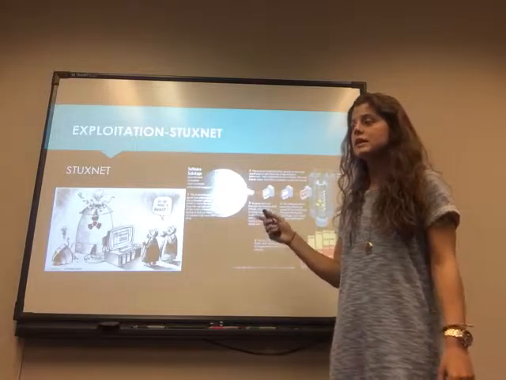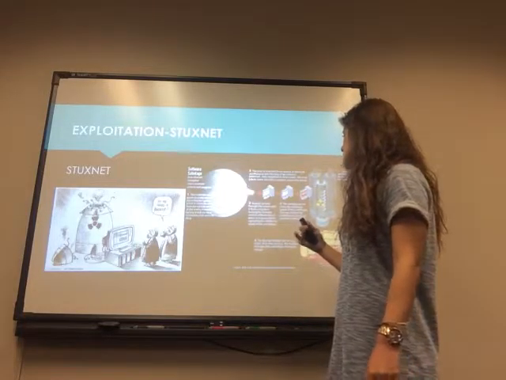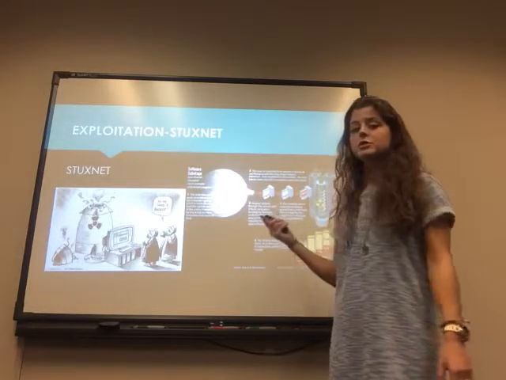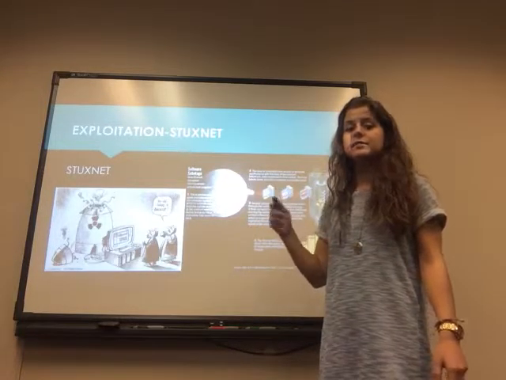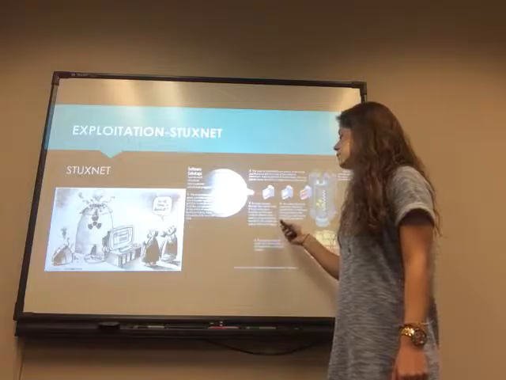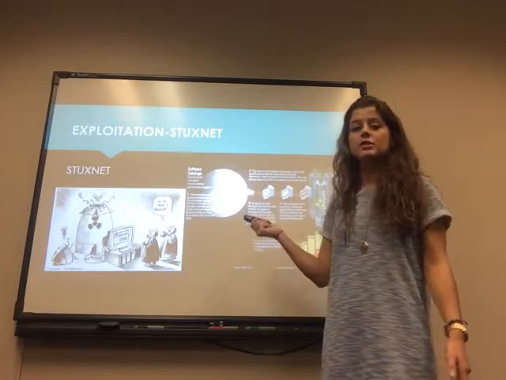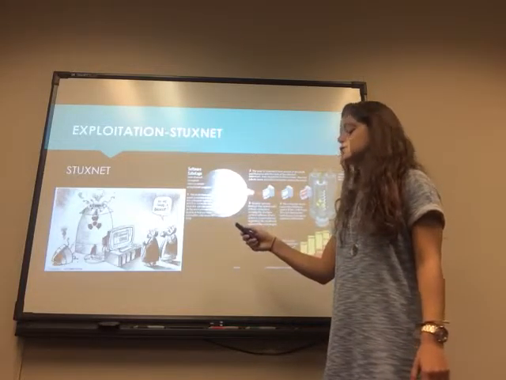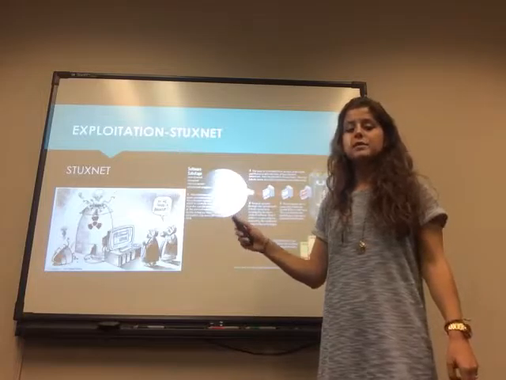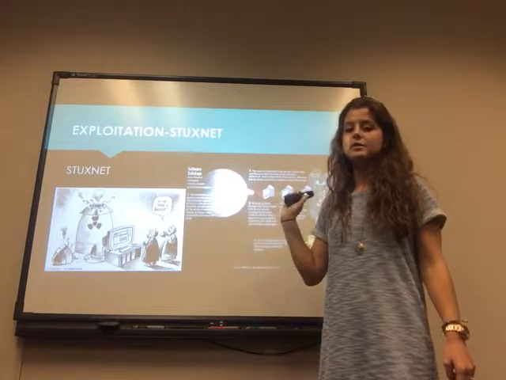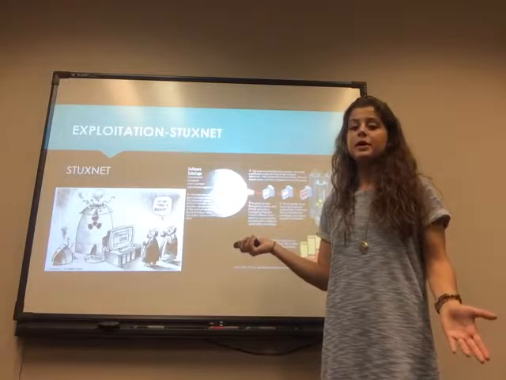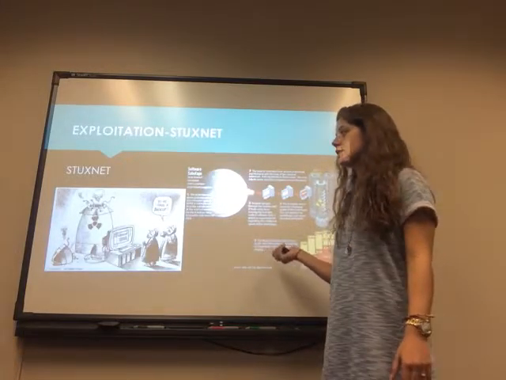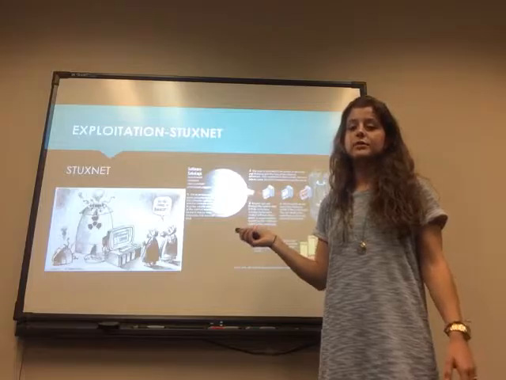The PLC would read in a certain speed that the centrifuges were spinning, and it was supposed to send alarms out if it was spinning too fast. But the worm manipulated the way the PLC logic worked, and so the centrifuges were spinning too fast, but the PLC was reporting back that it was spinning at the right speed, so no alarms were going off, and the scientists had no idea there was anything wrong until it had already destroyed 984 of their machines.